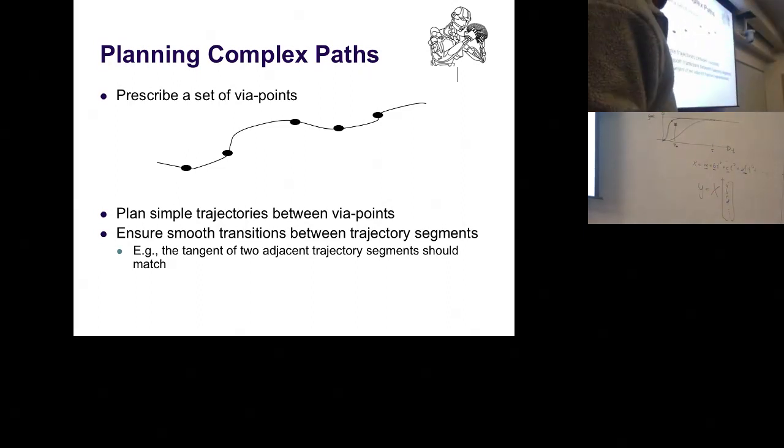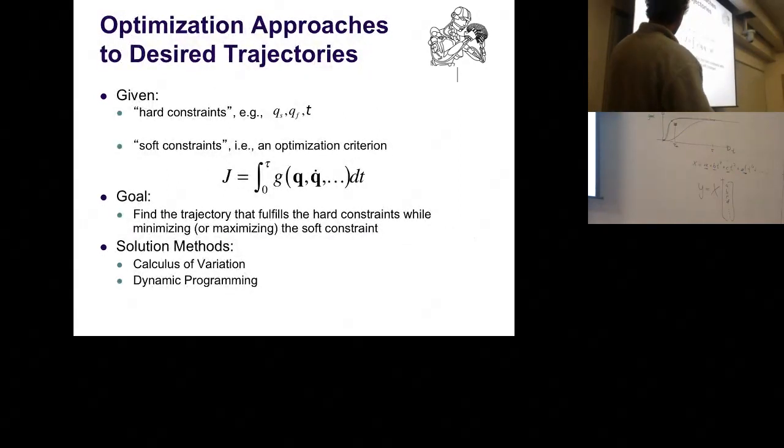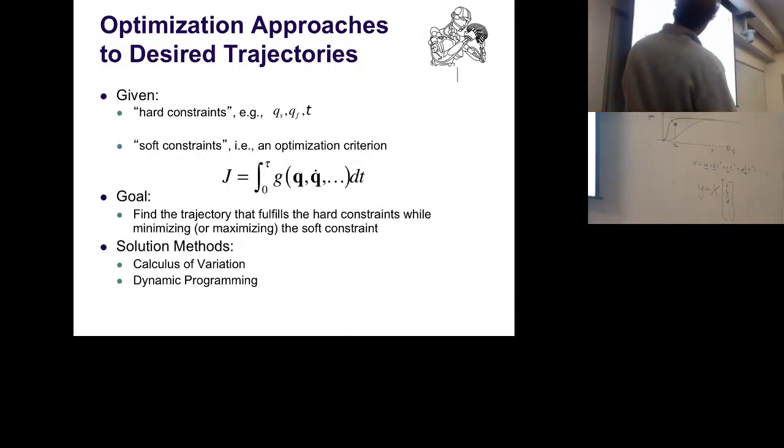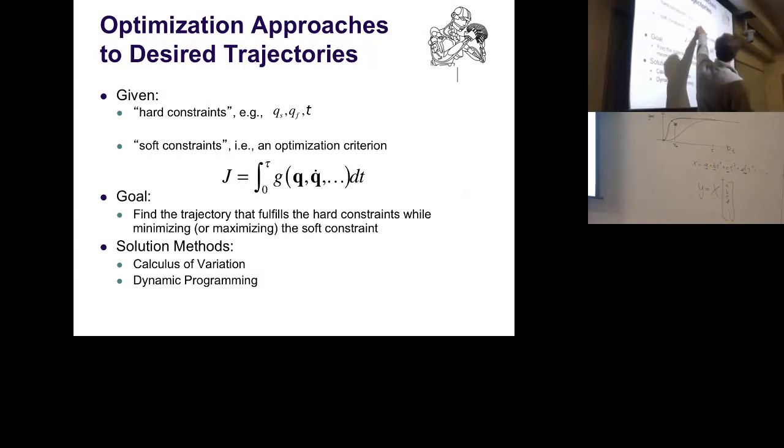Okay, so far for polynomials, kind of hacky if you think about it. So then people thought a lot about this a little bit more and tried to figure out maybe we can do optimization approaches for the simple representation of polynomials, for instance. So we go back in the world of an optimization framework where we say, okay, we have some hard constraints like the start and the end and maybe the movement time.